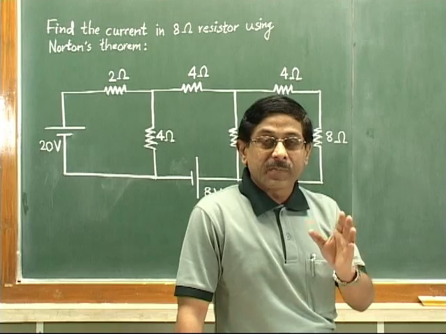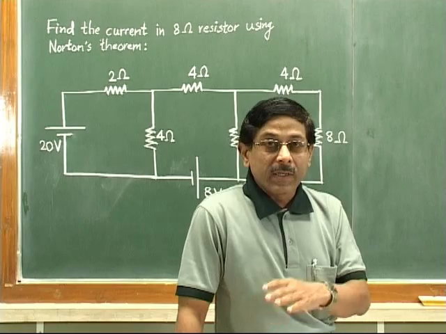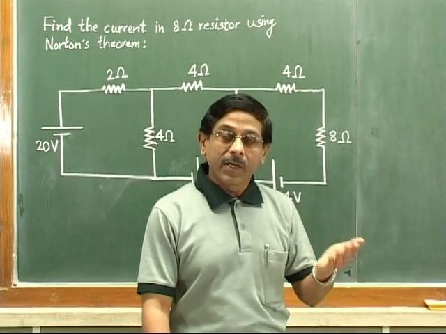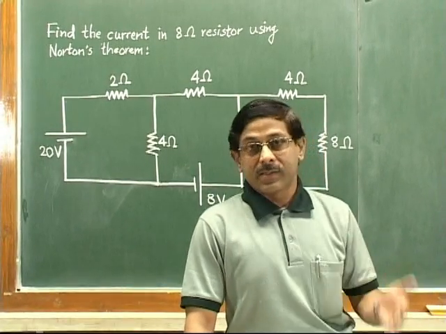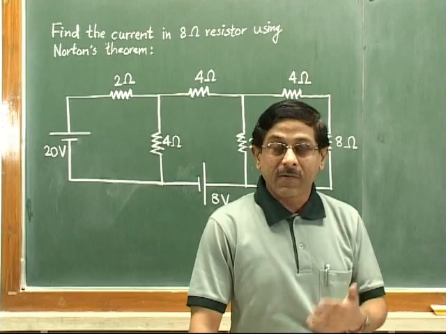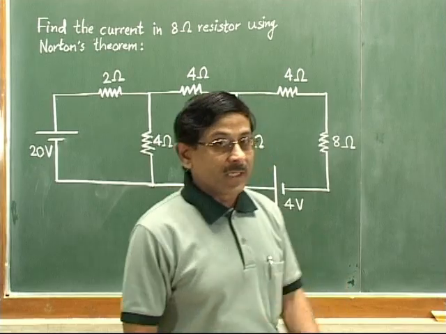Certain steps are exactly the same and certain steps are similar, so they are said to be complementary to each other. Of course, at the end, we will make some remarks after finding the solution. So let us move to Norton's theorem.